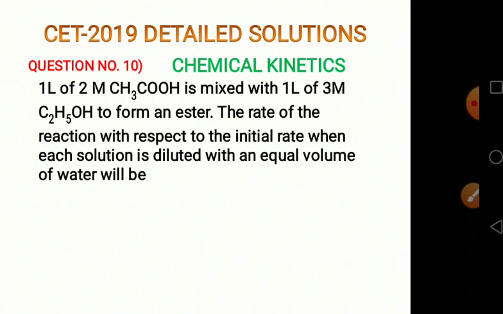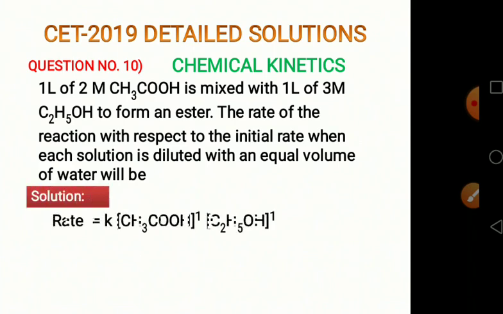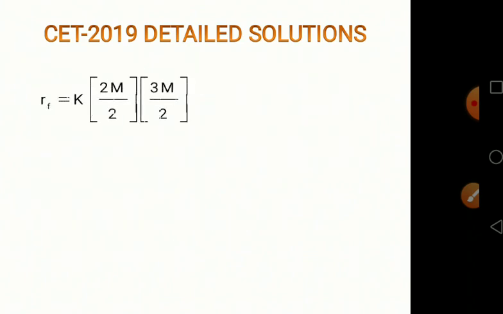First we will write the reaction rate equation. Rate is equal to K into CH3COOH to the power 1 into C2H5OH to the power 1. So the initial rate becomes 2M to the power 1, 3M to the power 1. The final rate: each solution is diluted with an equal volume of water.